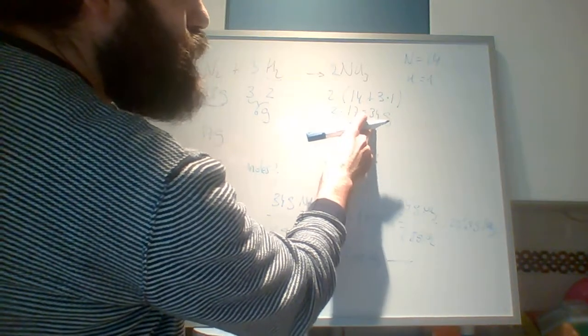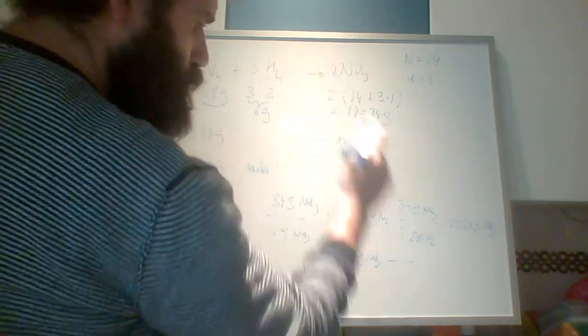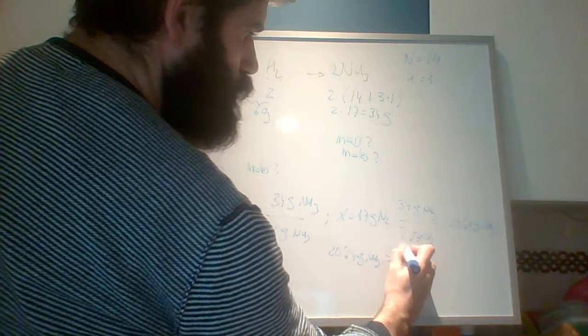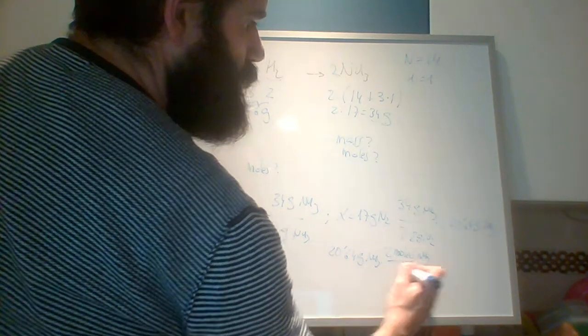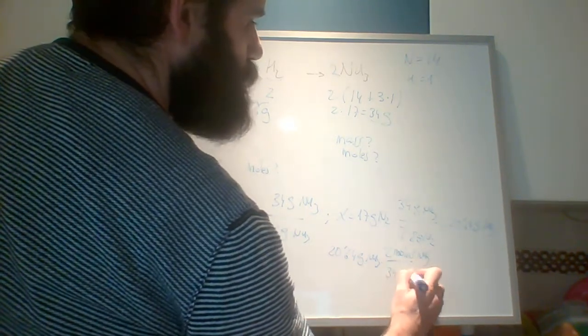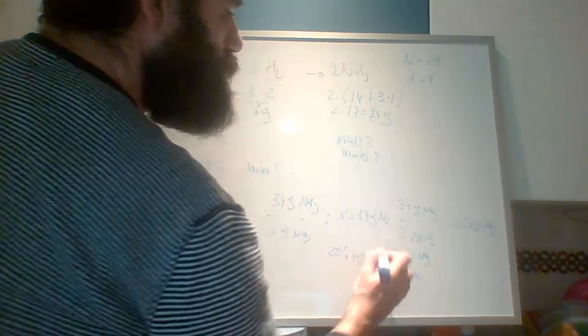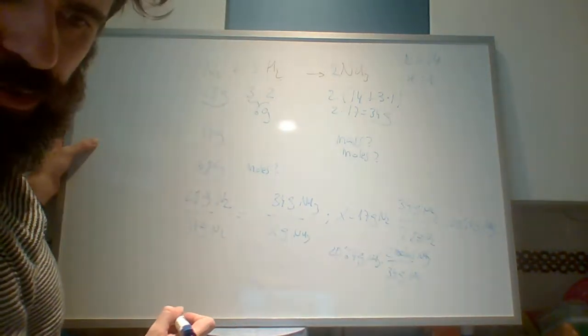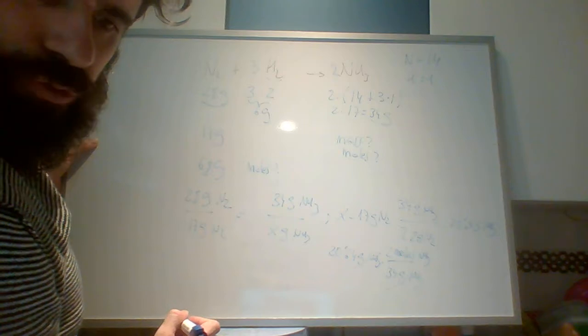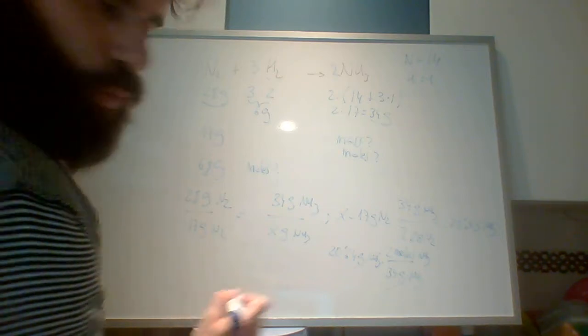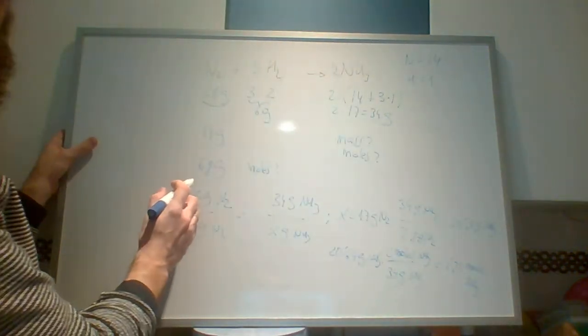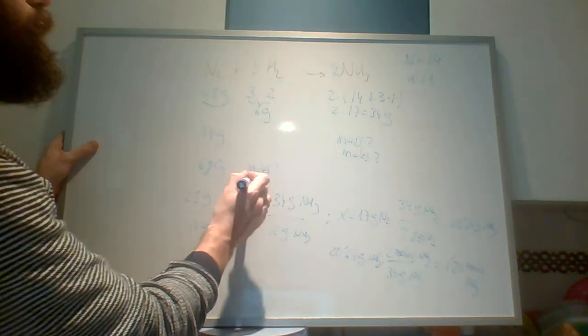Remember, this 34 grams belongs to 2 moles. 2 moles of ammonia, 34 grams of ammonia, cross out both units, and you'll obtain the amount 1.21 moles of ammonia.